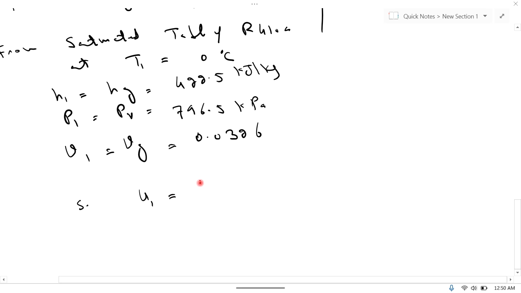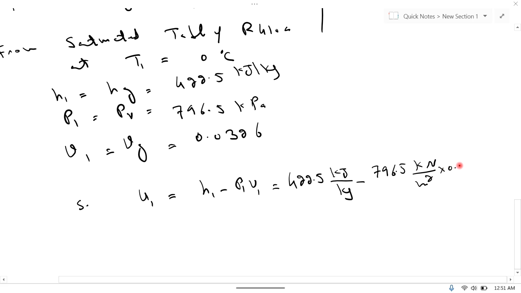So U1 is equal to H1 minus P1 V1. Putting values, H1 is equal to 422.5 kilojoule per kilogram minus P1. The value of P1 is 796.5 kilopascal, and pascal is equal to Newton per square meter, and V1 is 0.0326 meter cube per kg.